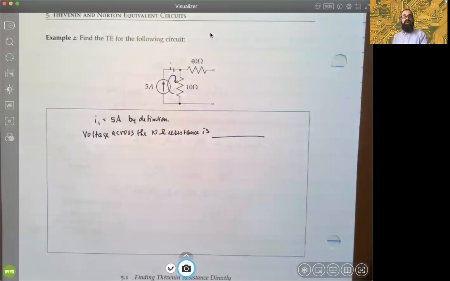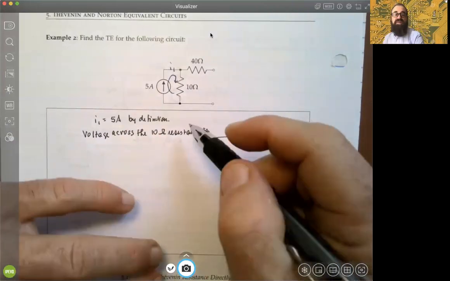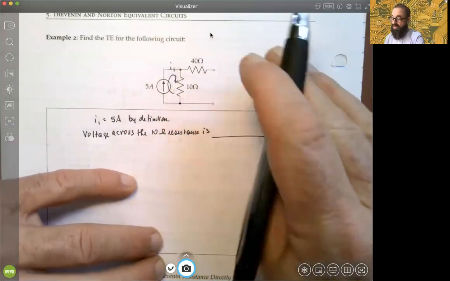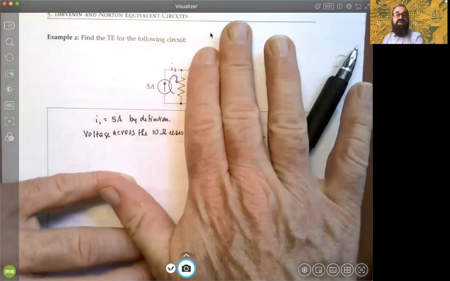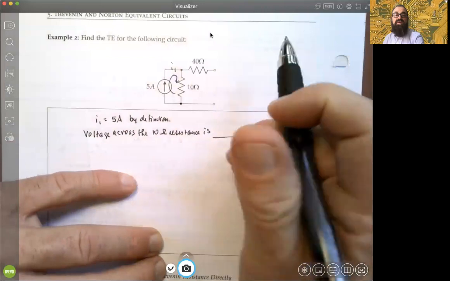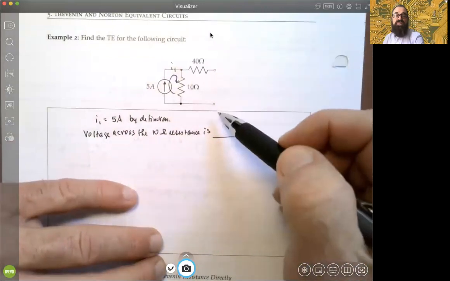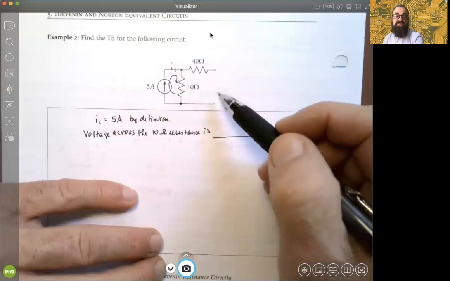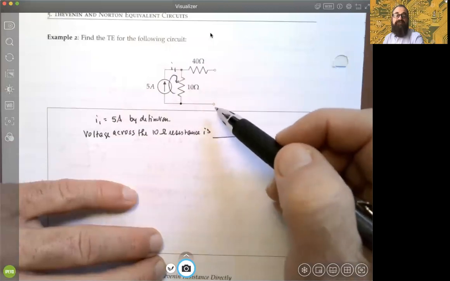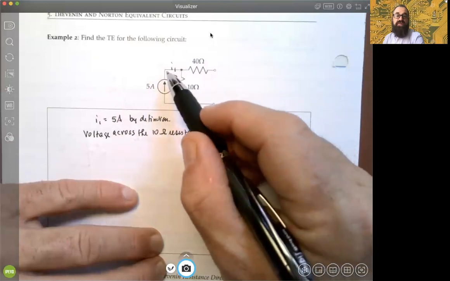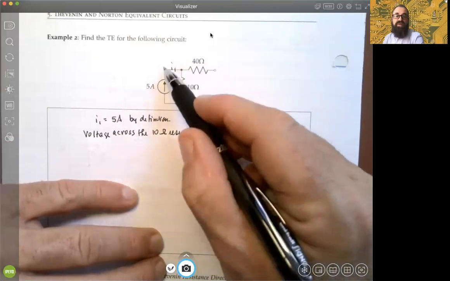Well, if I know that the current flowing through it, again, I'm only looking at this part of the circuit right here, okay? Again, there is no current flowing between these open terminals here, okay? There's no current coming out there, right? So that means there's no current coming through here, so the current can only be flowing right here, right?